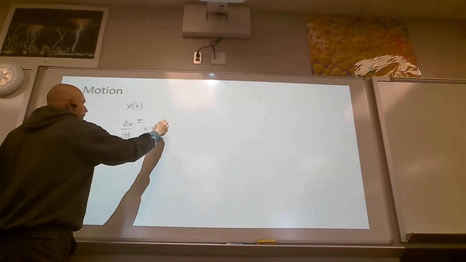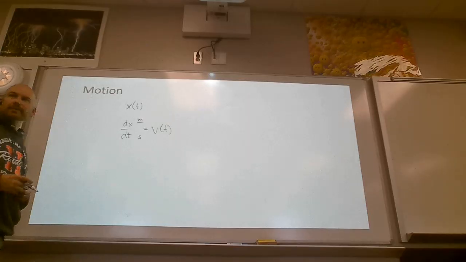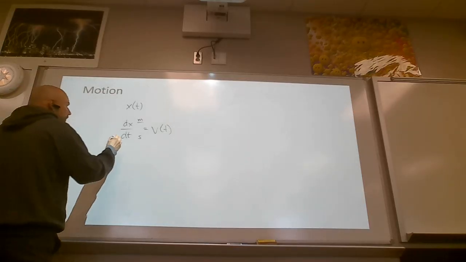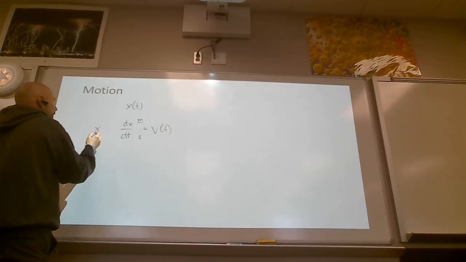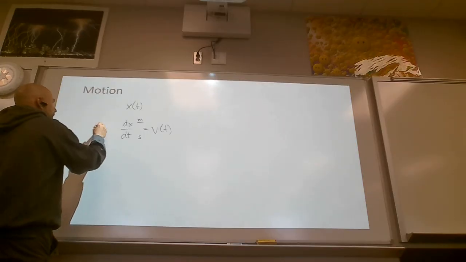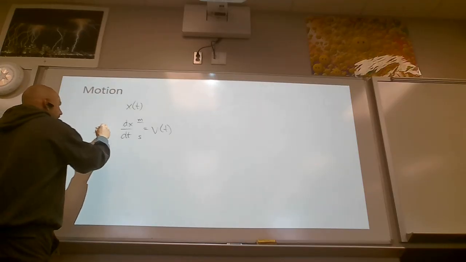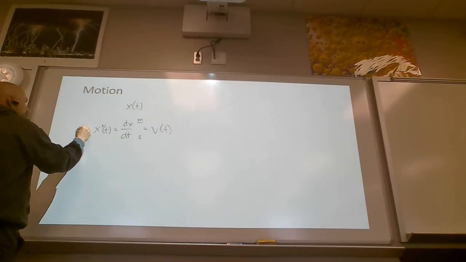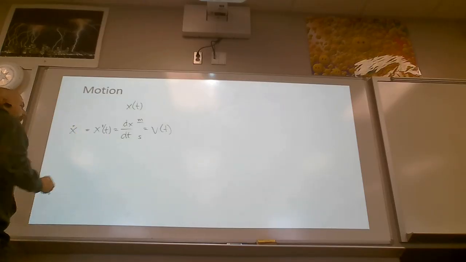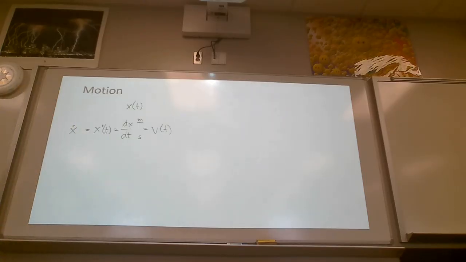I know. That gives you the velocity as a function of time. If you take the derivative, we can label that as x prime of t. There's also textbooks that give a dot. That's a college thing. I haven't seen it in high school, but in college, that's a thing.